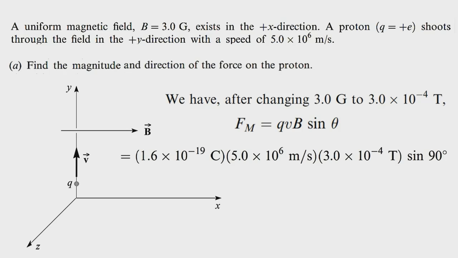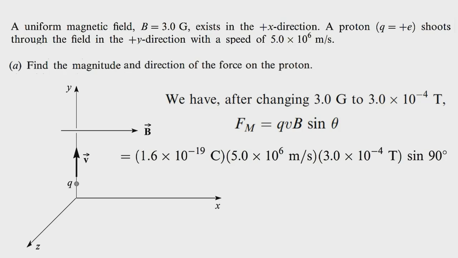Q is the charge of the elementary particle, which is 1.6 times 10 to the minus 19 coulomb, multiplied by the velocity, which is 5.0 times 10 to the positive 6 meters per second, multiplied by the magnetic field, which is 3.0 times 10 to the minus 4 Tesla, times sine of the angle between the direction of the velocity of the charge and the magnetic field line, which is equal to 90.